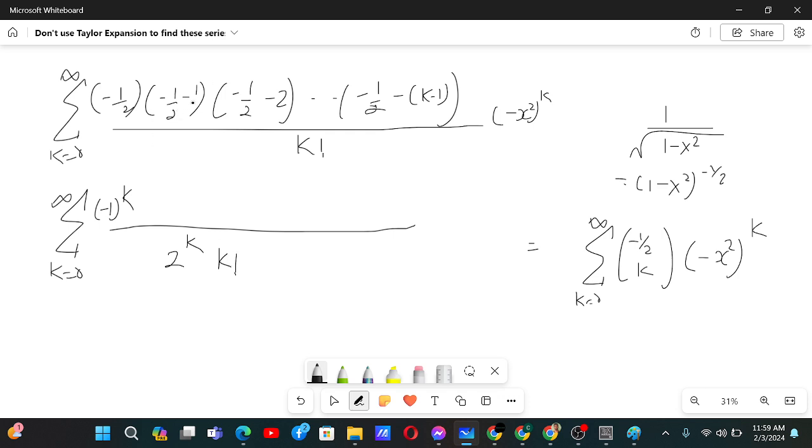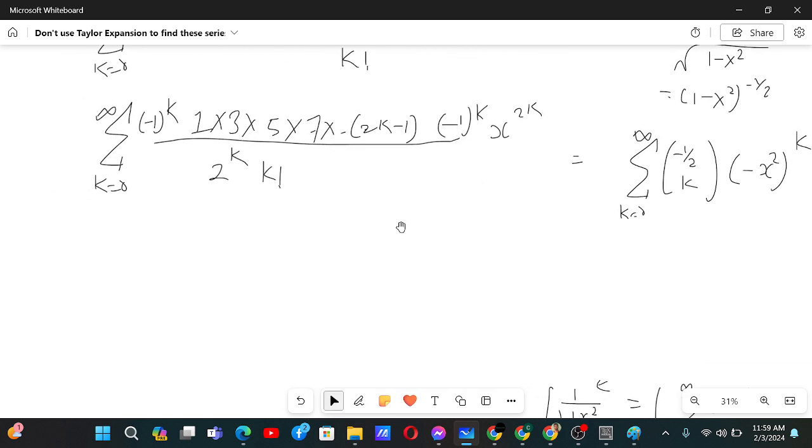And if we take 2, we have 1 times 3 times 5, 7, and it goes on. Over here we will have 1 by 2 plus k minus 1, so that's 2k minus 2 plus 1, so that's 2k minus 1. And then we have minus 1 to the power k over here, and x to the power 2k.